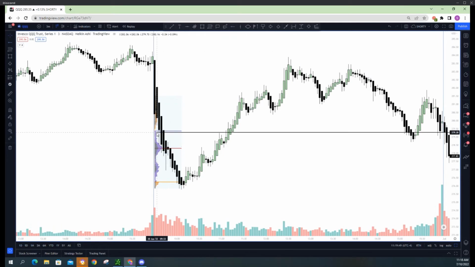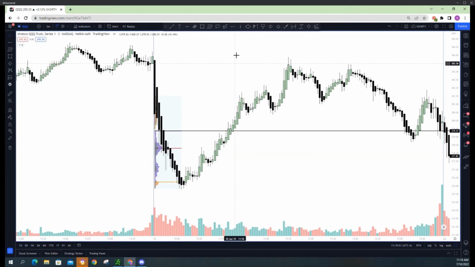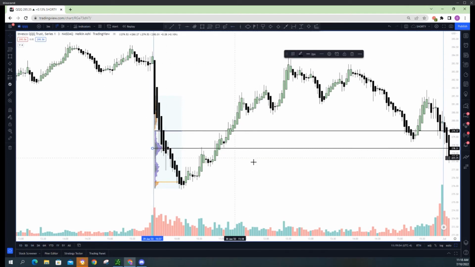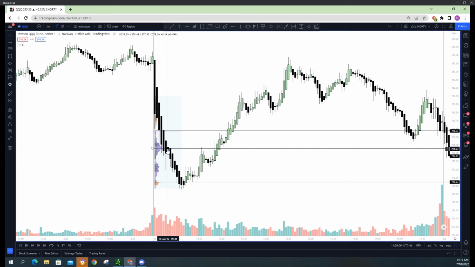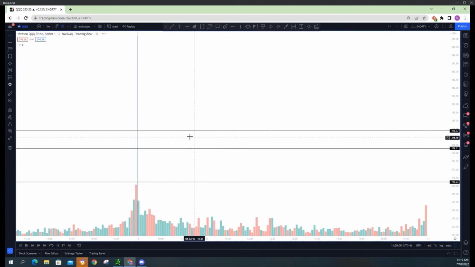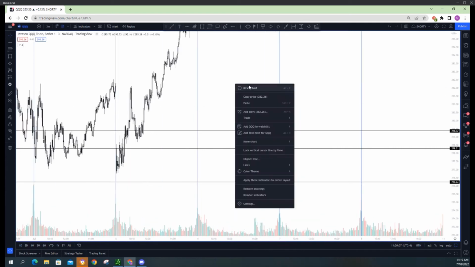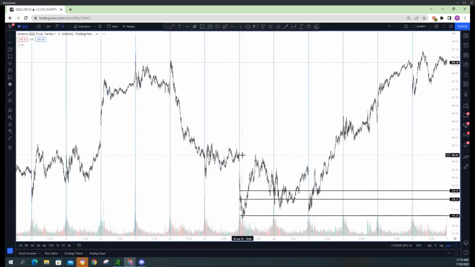If you look here, there was a lot of selling here, and the POC happened to be here, and then the value area low was here. So if I was to short this, my first short entry would have been at the POC, no questions asked. Where did it go? Right there.